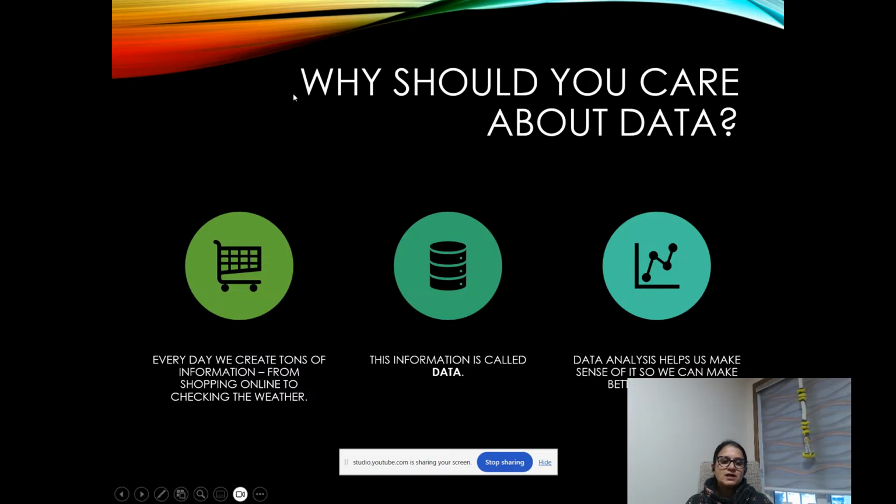Every day we create tons of information, from shopping online to checking the weather. Either you are doing the online shopping or checking the weather, right? There is a lot of data. So this information is called data, and data analysis helps us make sense of it so we can make better decisions. Okay.